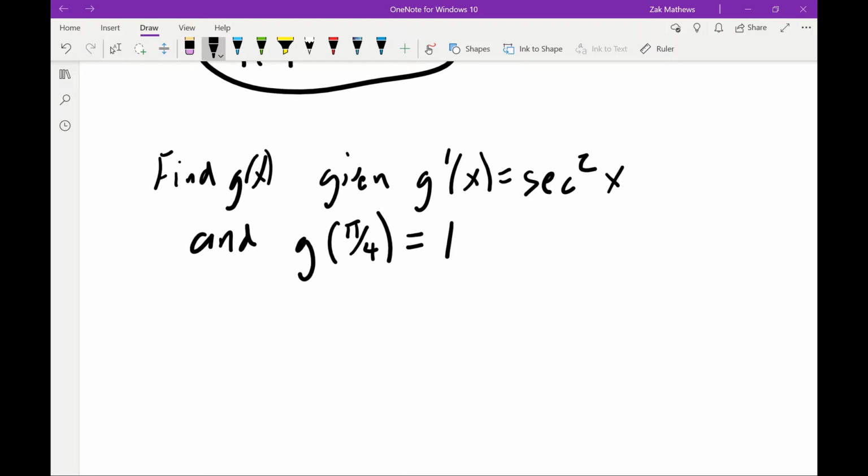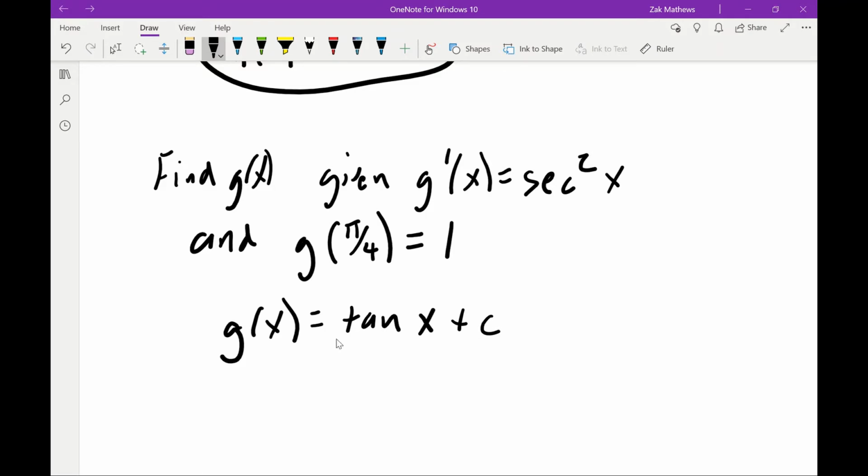All right, so this time I have to undo the secant squared. And when I take the derivative, do I get the secant squared? That would be tangent x. The derivative of tangent x is equal to secant squared. But I don't know what my constant is yet, so I'm going to put that plus c.